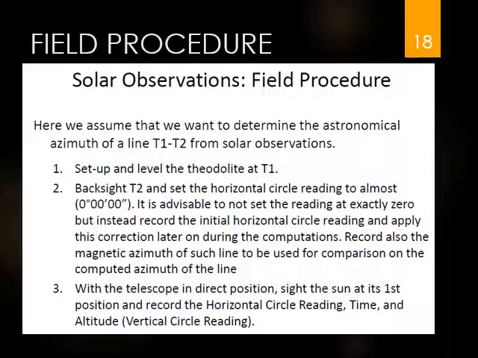So, with the telescope in a direct position, when you say direct position, nakaharap yung telescope sa sun. Sight the sun at its first position and record the horizontal circle reading, yung time, and the vertical reading. Much better kung ginagamit natin ang geodetic digital para mas madali yung pag-record.